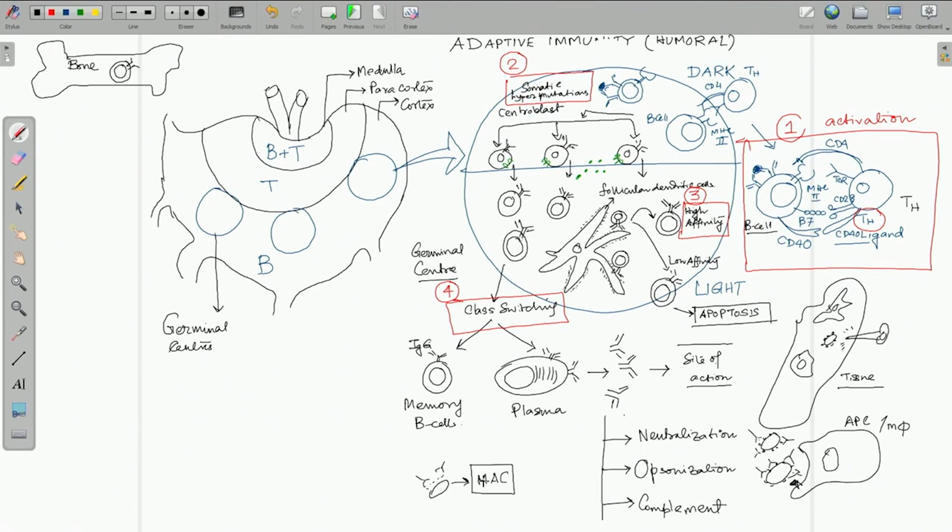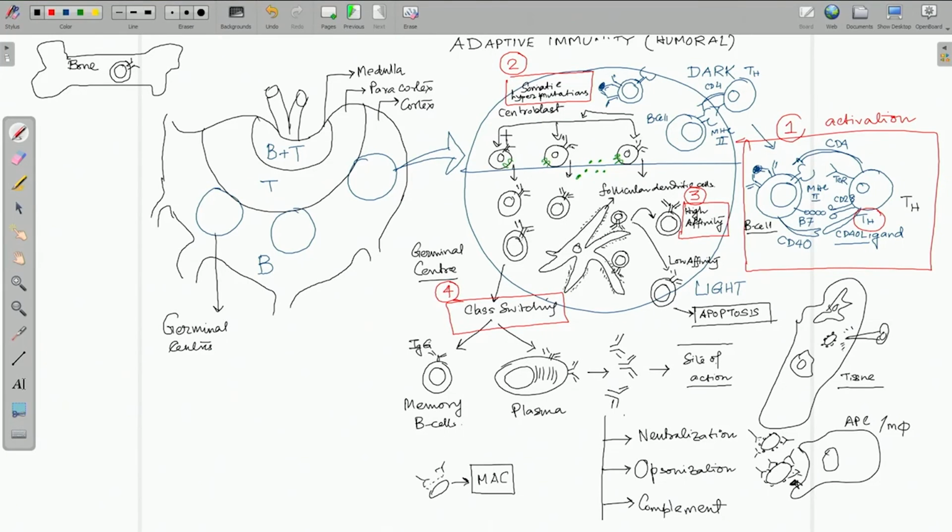So, if we look into the entire picture again very quickly. In the lymph node we have these 3 regions, the medulla, the paracortex and the cortex. The cortex portion primarily has the germinal center. The germinal center is the center for the activation and differentiation of the B cells.